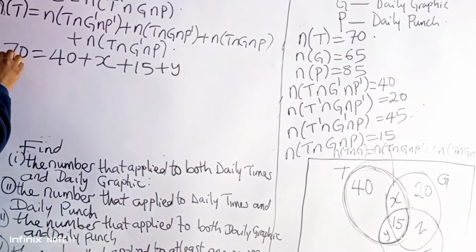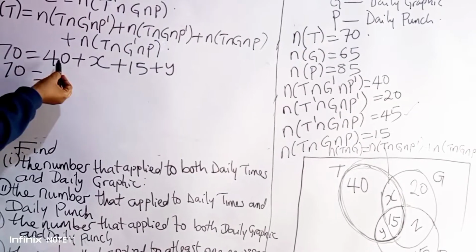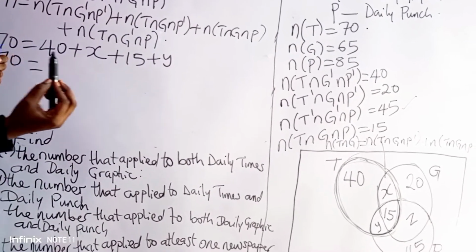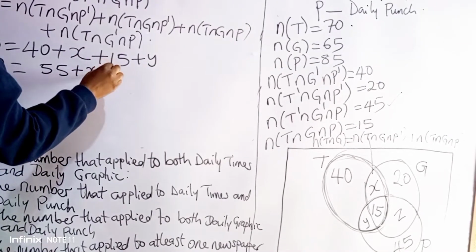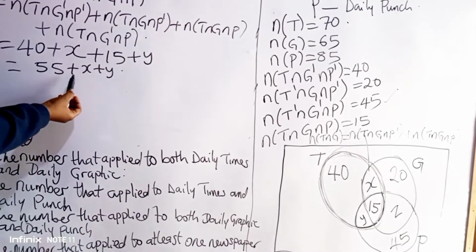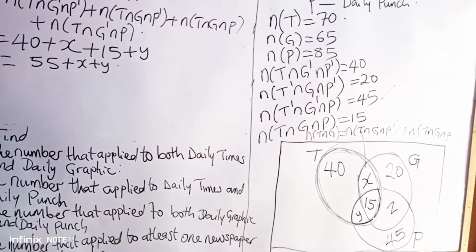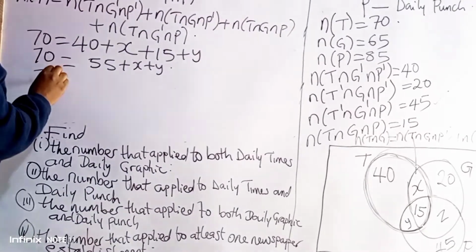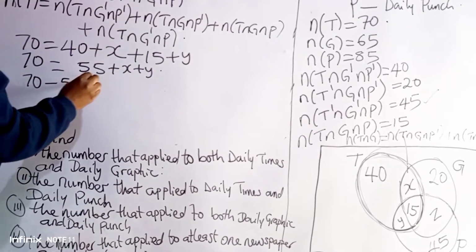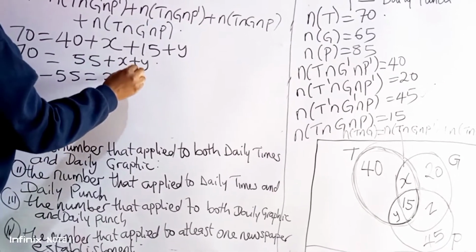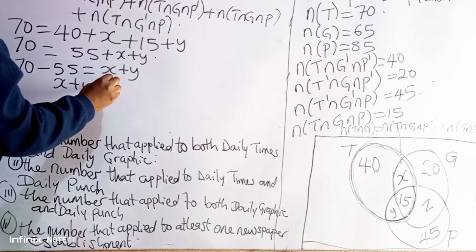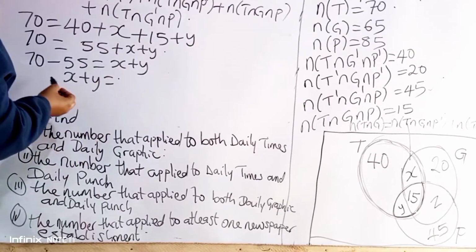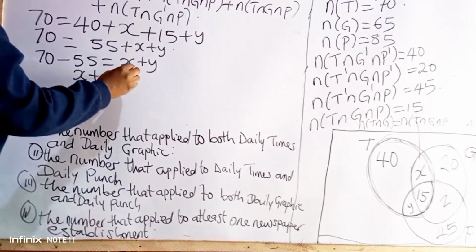So I'll have 70 is equal to 40 plus 15, 55 plus X plus Y. So I want to make X plus Y the subject. So I have 70 minus 55 is equal to X plus Y. So X plus Y is equal to 15.